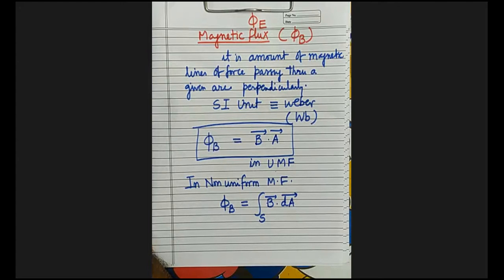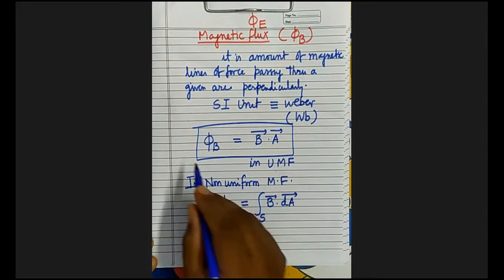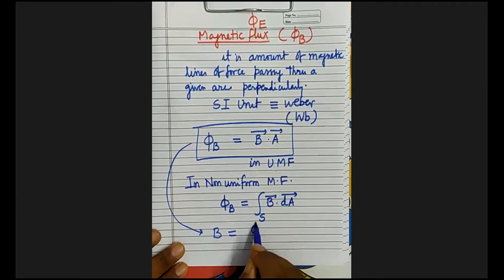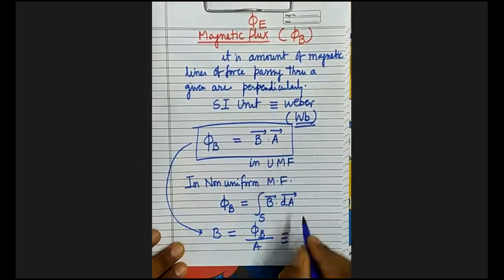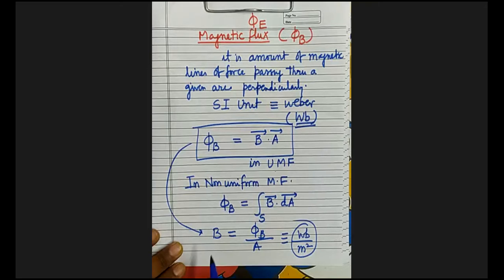Now see here. From here we can find one unit of the B. What will be B? B equals phi B upon A. Phi B, as we know, is Weber, and this is meter square. So Weber per meter square is also the unit of magnetic field.